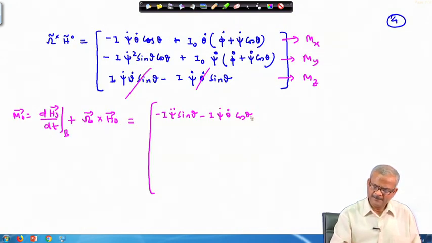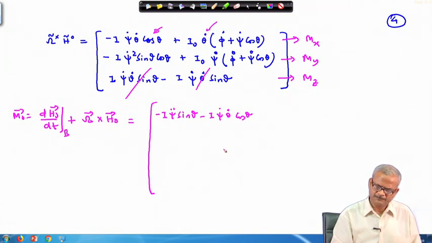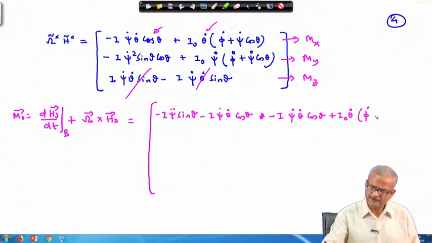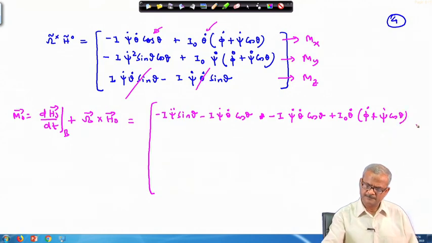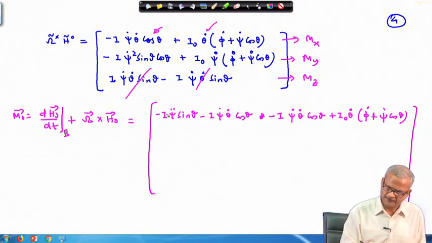And then pick up these two terms from this place. If we add here, this term will come with a minus sign, I times psi dot theta dot cos theta, and plus I 0 theta dot times phi dot plus psi dot cos theta. So, this is one of the terms. This constitutes your m 1. Okay. So, this is your m x or m 1.